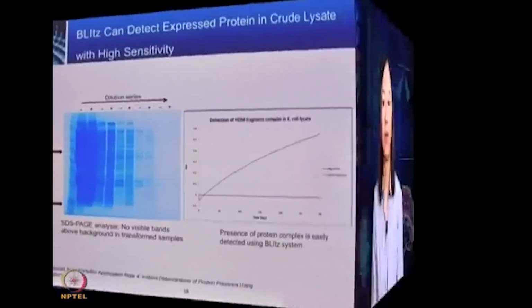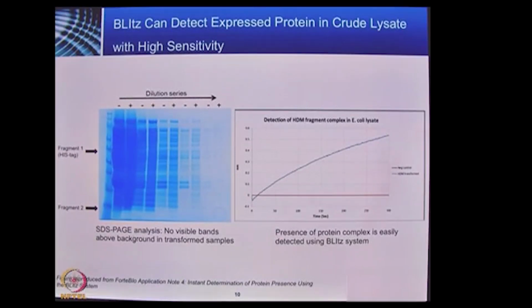Then we use an anti-His biosensor attached to the BLITZ system, and the anti-His biosensor is dipped into the sample, which is only 4 microliters. The His-tagged proteins, if they are present in the samples, will bind to the biosensor and generate a binding curve. By looking at the binding curve, we can tell whether the protein of interest is expressed in the E.